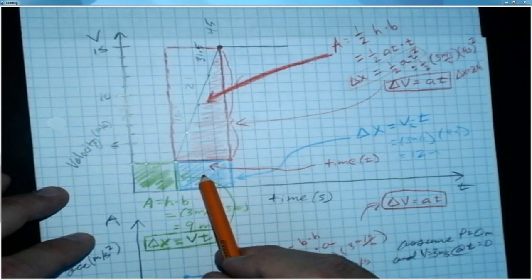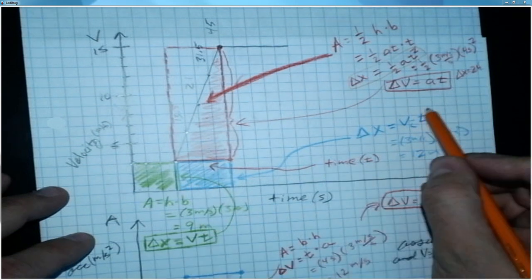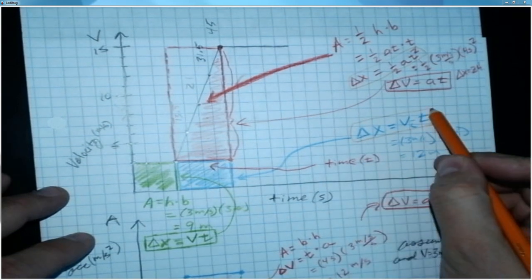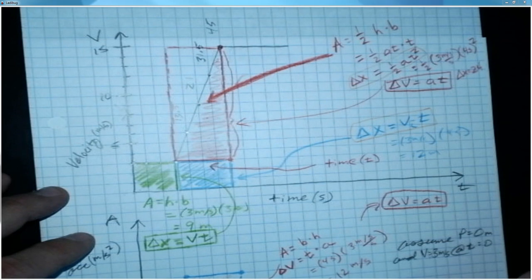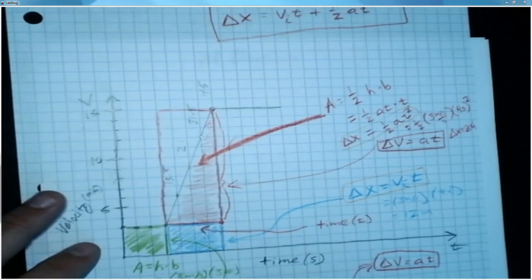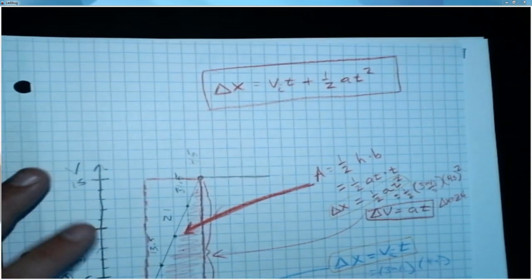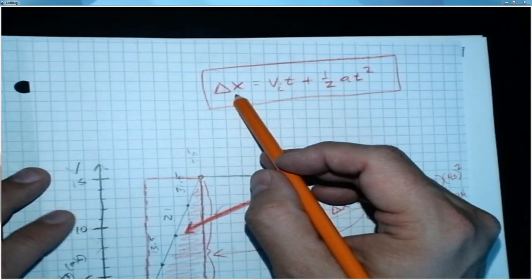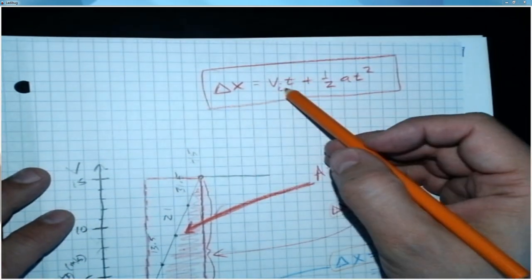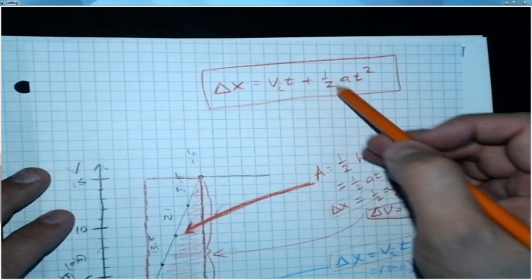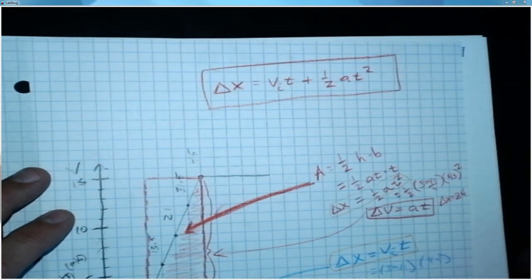But the distance that it would have traveled if it had continued moving at its initial speed is v initial times time. So when you put that all together, you get that the change in distance is equal to v initial times time plus 1/2 at squared.